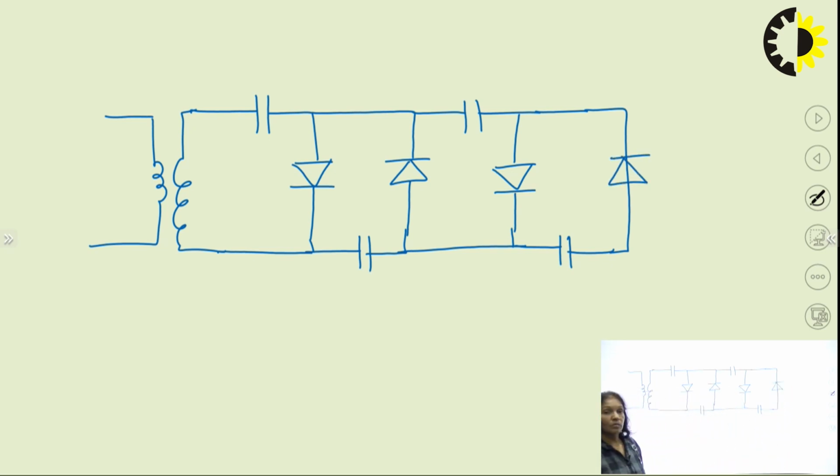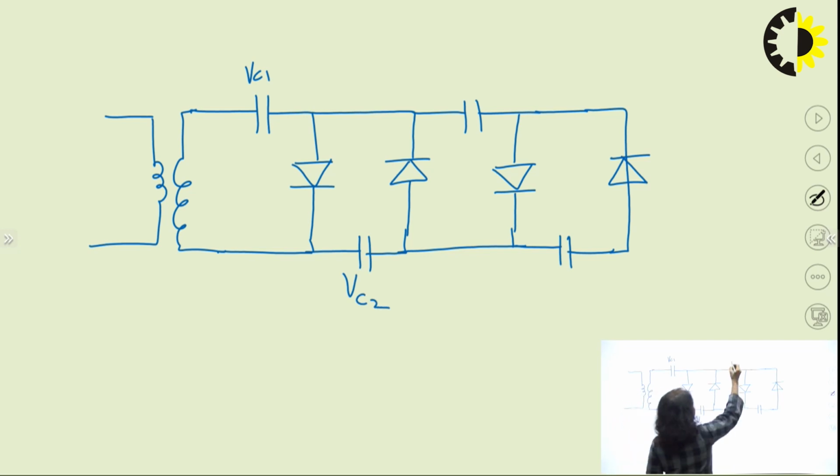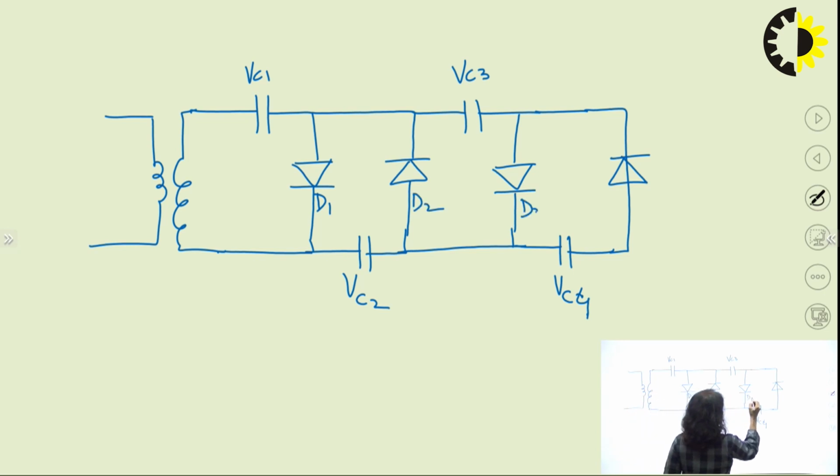This is the voltage quadrupler. So, VC1, VC2, VC3, VC4, D1, D2, D3 and D4.